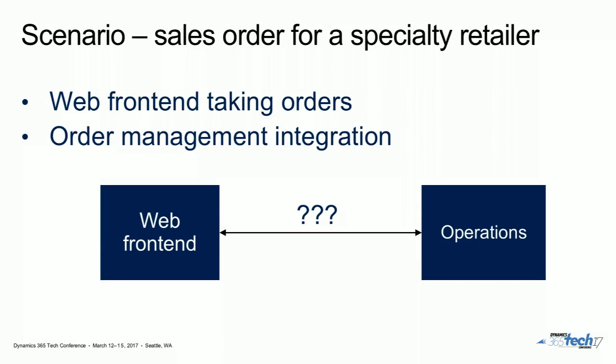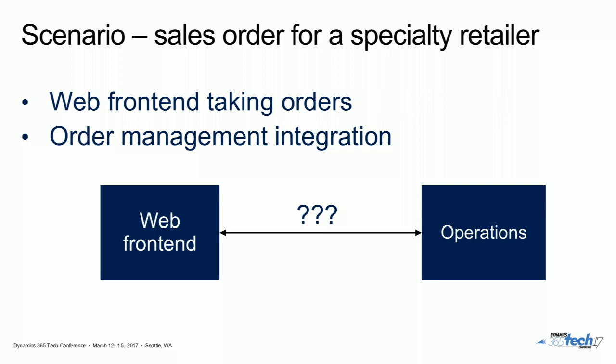We have one more scenario here, where this is a specialty retailer, and they have a PHP-based web solution which takes all the sales orders from the customer rep or whoever it is.